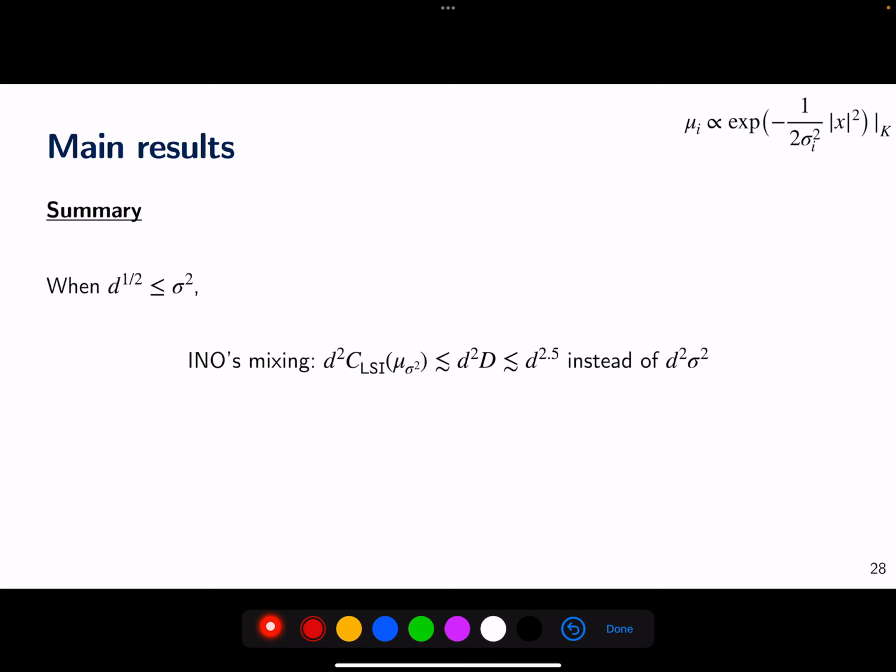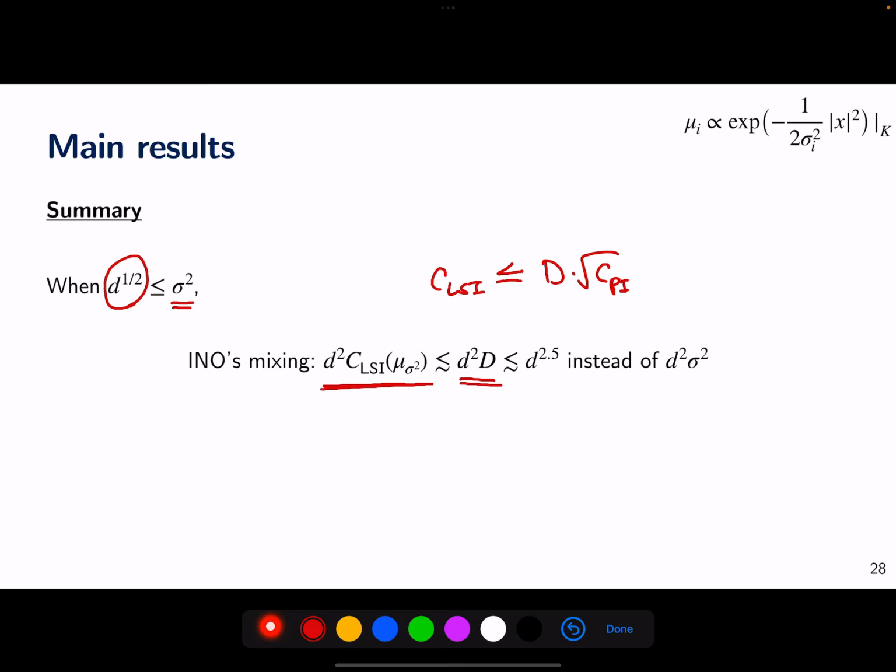Yeah, so here's a summary. When sigma square is larger than square root d, the in and out mixing, which is written in general as d squared times the log-Sobolev constant, is bounded by d squared times lambda, because C LSI, according to our first result, is roughly d times the square root of C Poincaré, right?